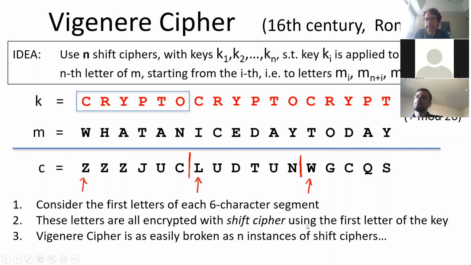Basically it's n instances of shift cipher, and if I only look at frequencies of letters, then I will look at every sixth character in the ciphertext and measure the frequency of those, right? So just isolate them and look at the frequencies, and then use the previous attack, correlate the most frequent with E, the second with T, etc.